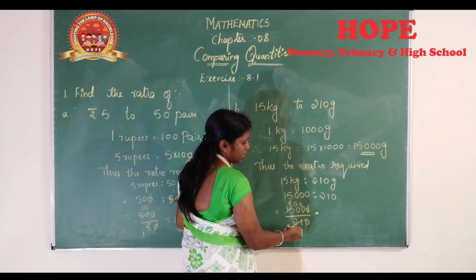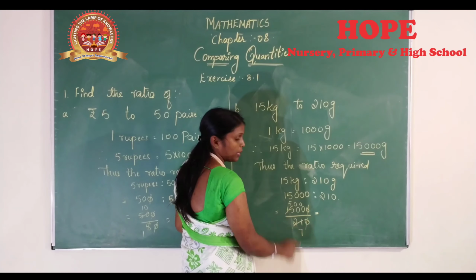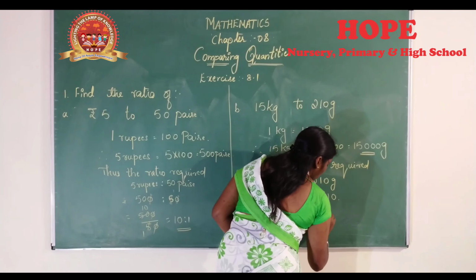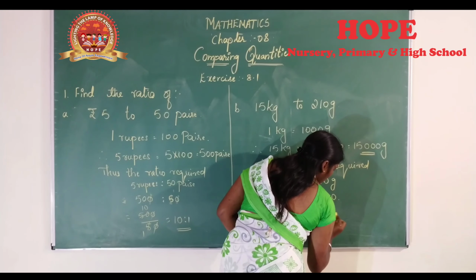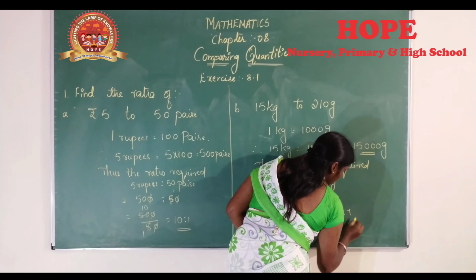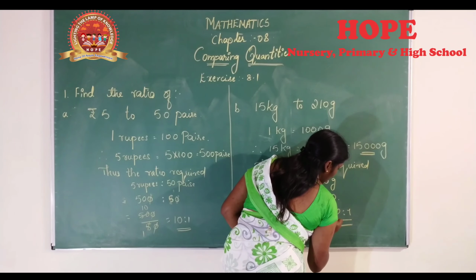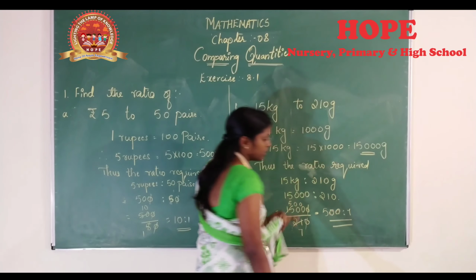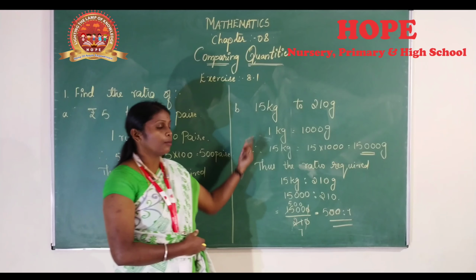Both are divided by 3. So the ratio we get here is 500 is to 7. This is how the comparison is made in weight.